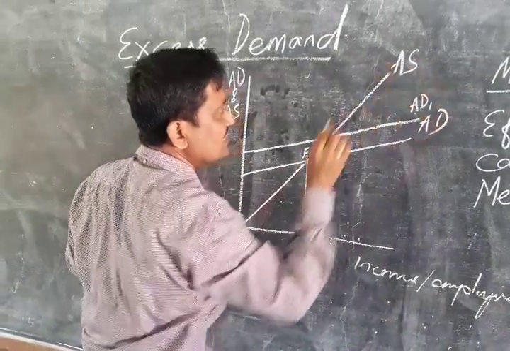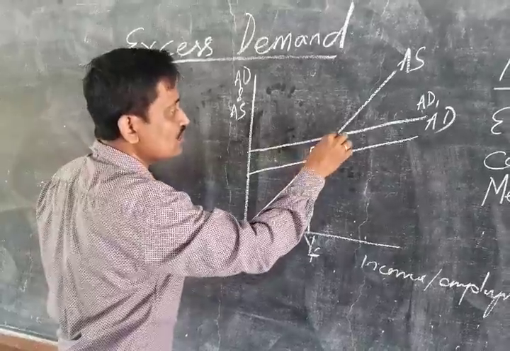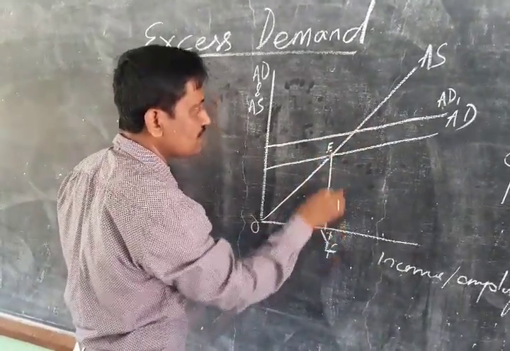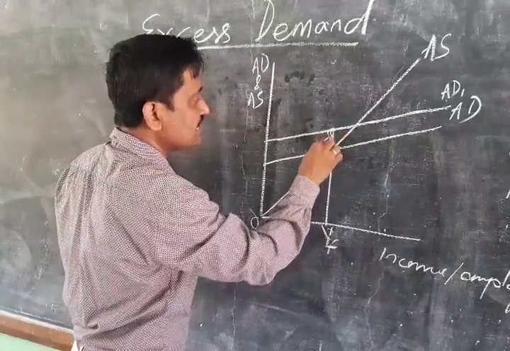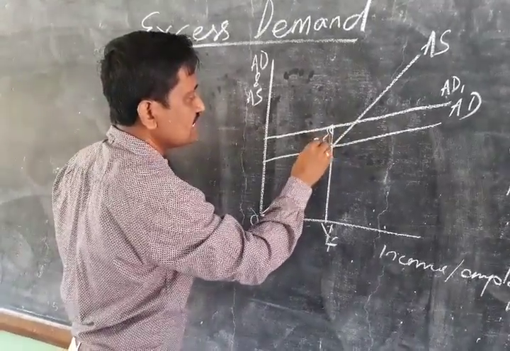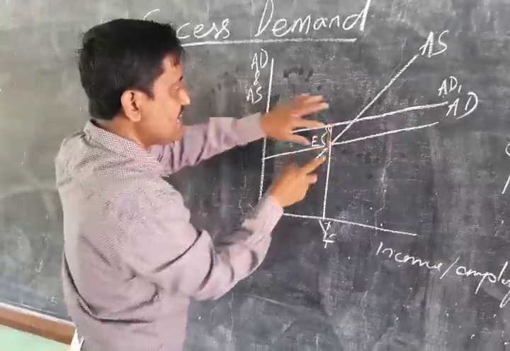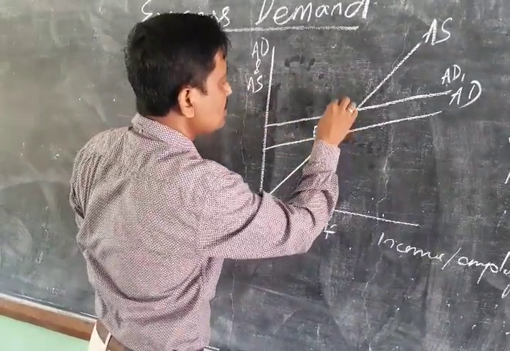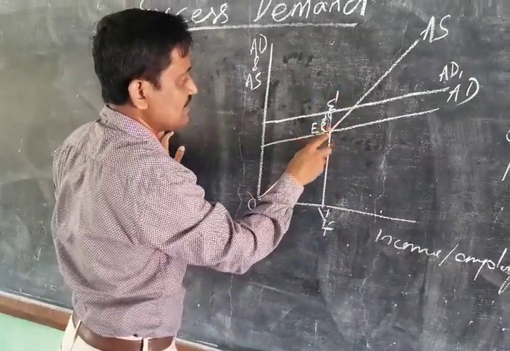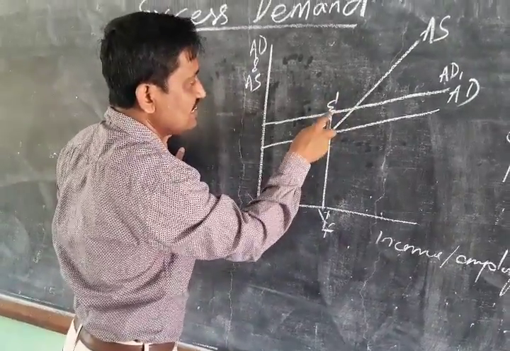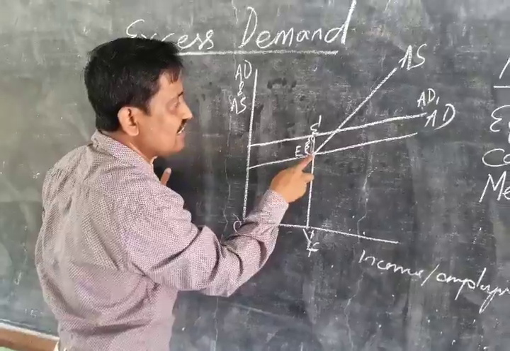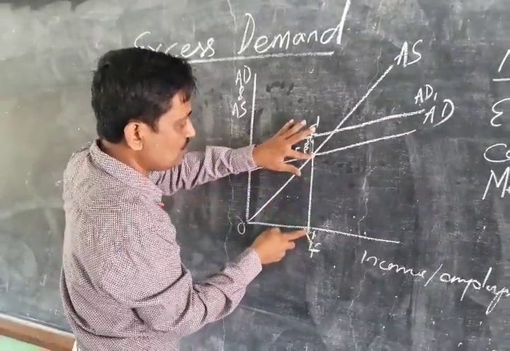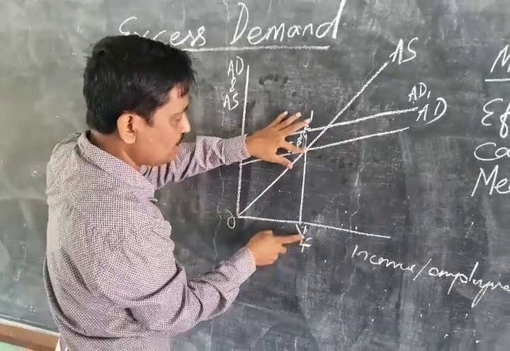So this one is AD1. Now the equilibrium shifts here, but compared to the full employment level of income, this gap is created. Your demand is this much, but supply is this much. So E dash and E, and EE dash is the gap that is created, and this is the excess of aggregate demand in comparison to aggregate supply required at full employment levels.